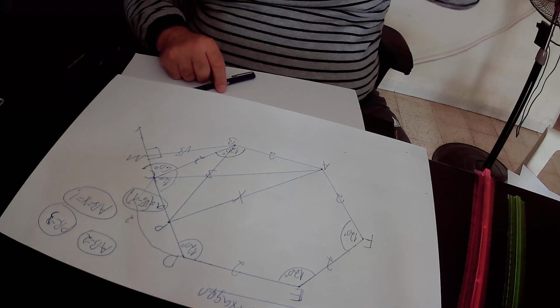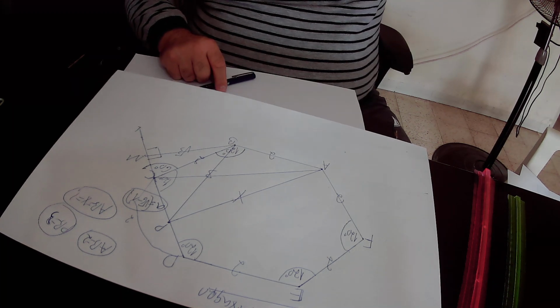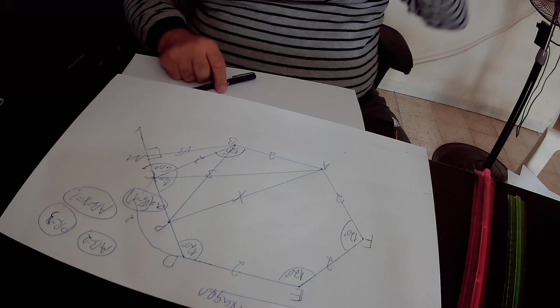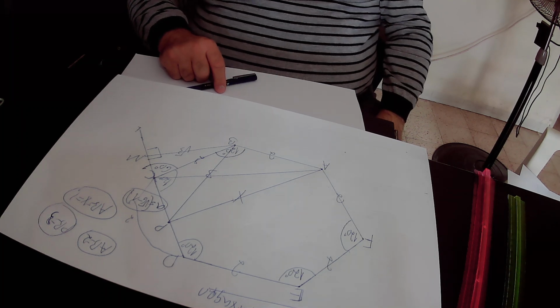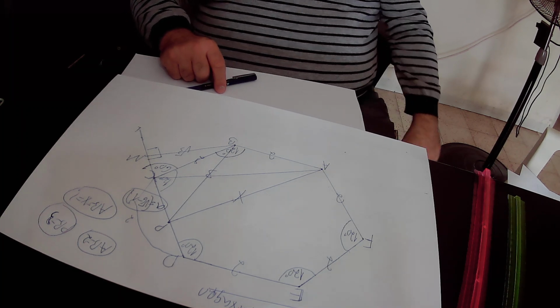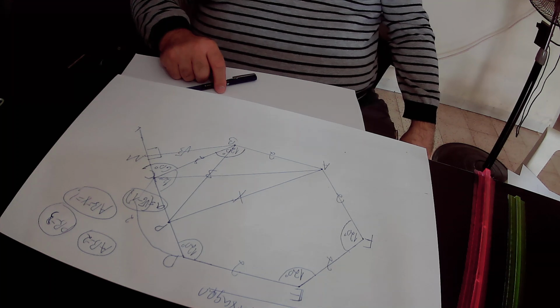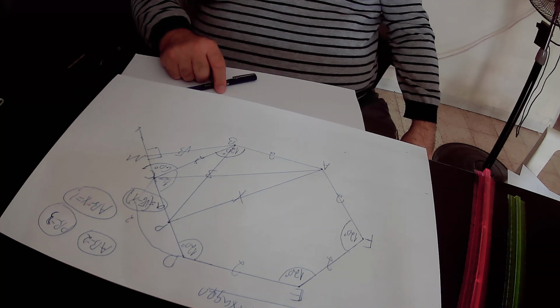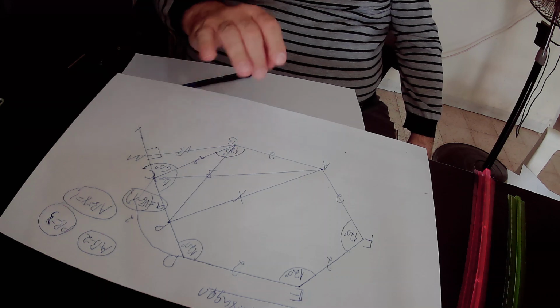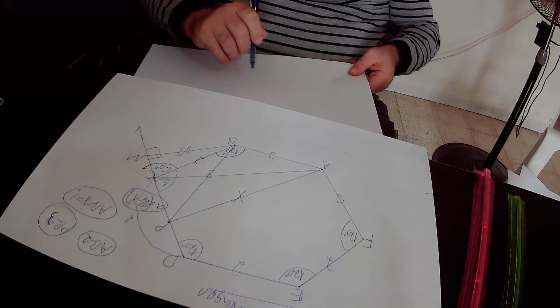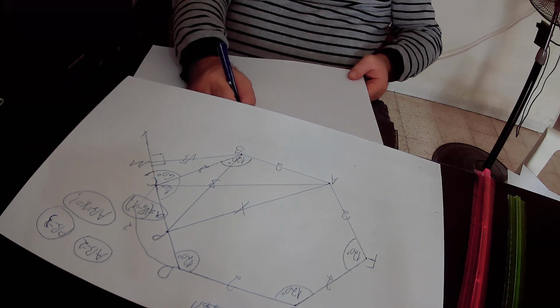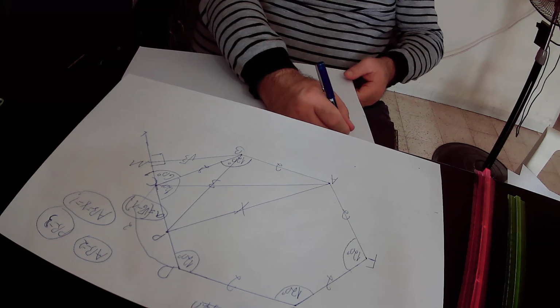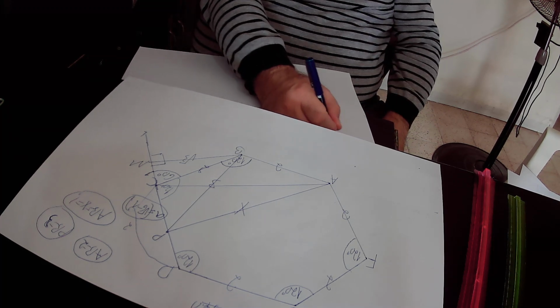Maybe before that I will explain to you what the law of cosines is, and then we will implement the law of cosines in this triangle ABC. The law of cosines is true in any triangle.